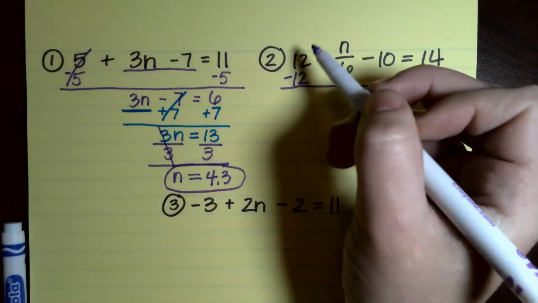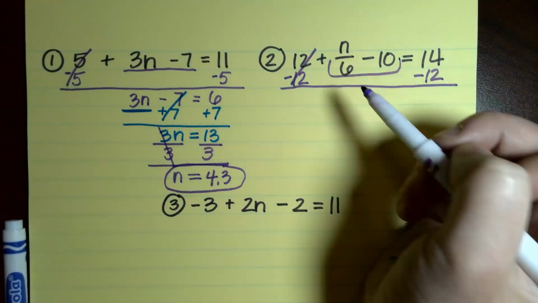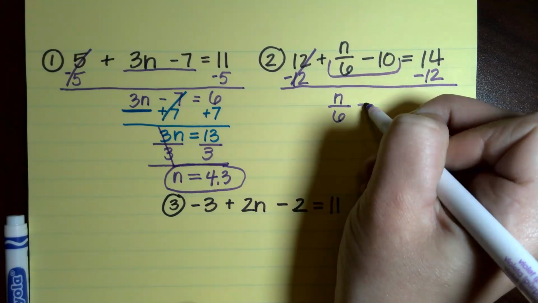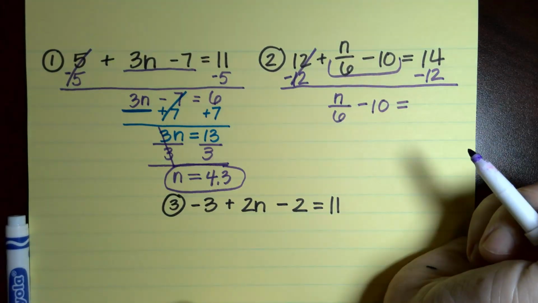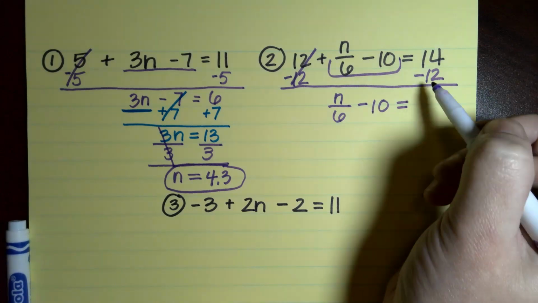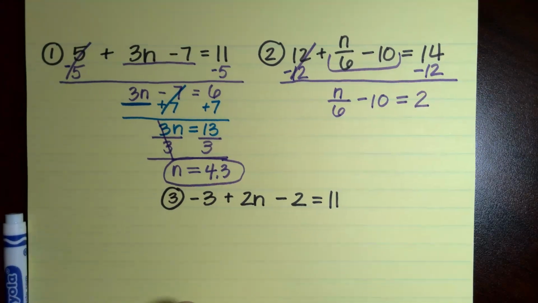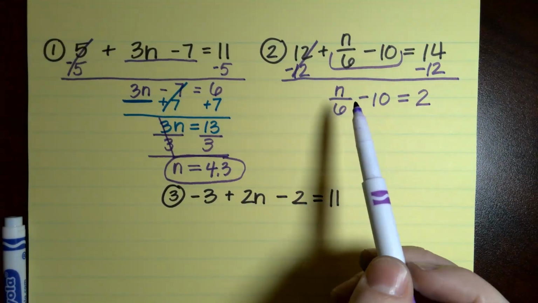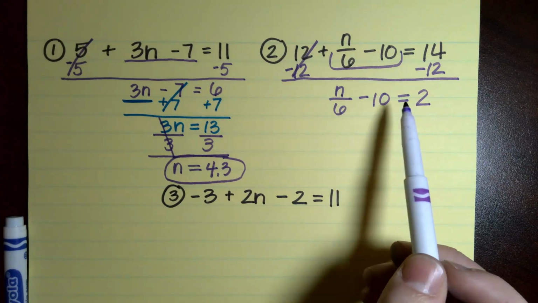So my 12's cancel, and I'm still left with this n over 6 minus 10 equals 14 minus 12, which is 2, I believe. Okay, now we have a whole new equation here. We've got n divided by 6 minus 10 equals 2.